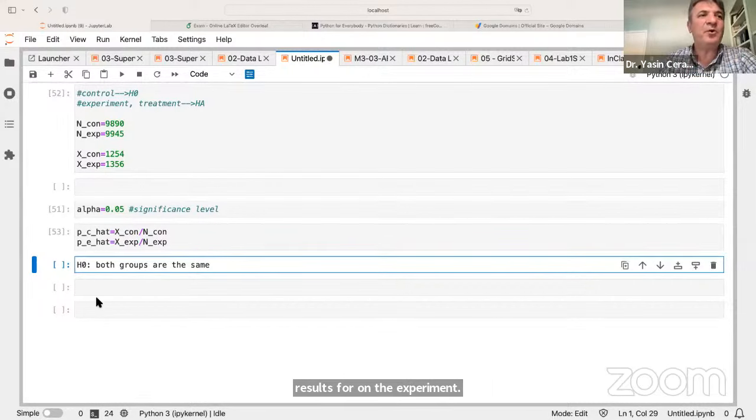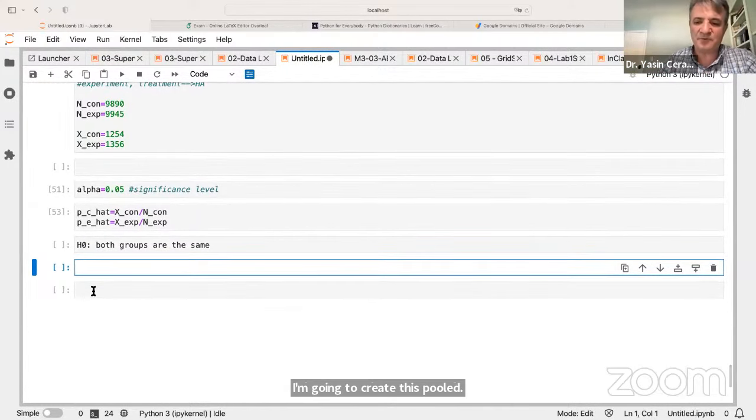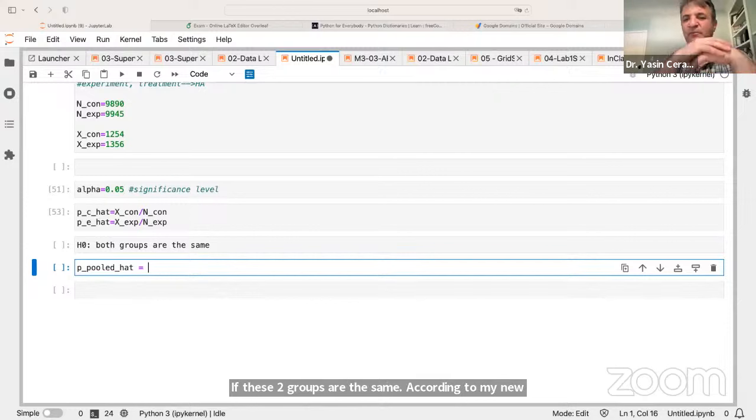So that's why I'm going to create this pooled p-value, p pooled hat. If these two groups are the same, according to my null hypothesis, then what is the ratio of people who clicked on the button? I'm saying there is no distinction between red and blue.